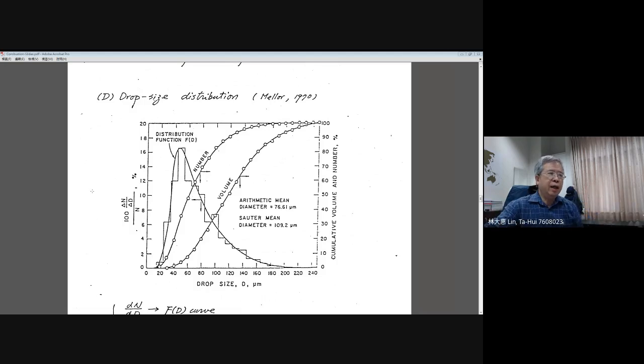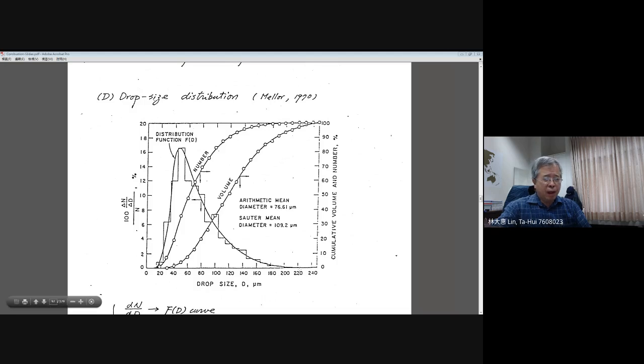Then delta N divided by the total tells you what percent of droplets have a size between 45 and 55. This comes from the idea of the classical measurement of droplet size. Then you will have those kinds of column shapes.